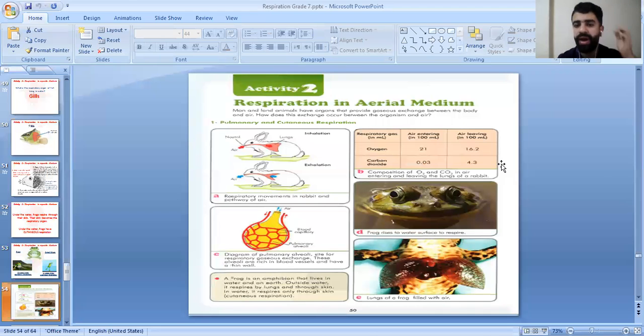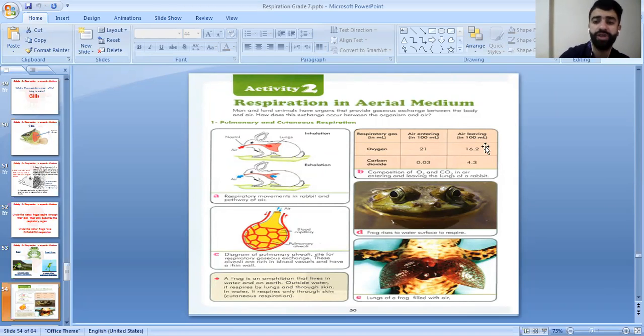Here, let's compare the composition of oxygen and CO2 in the air entering and the air leaving. Here, we're talking about oxygen, and here we're going to talk about carbon dioxide. So oxygen: the quantity of oxygen gas in the air entering is 21 in 100 milliliter, which is greater than the quantity of oxygen in the air leaving the lungs, which is 16.2 milliliter in 100 milliliter.